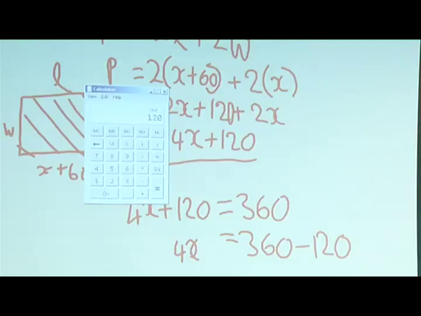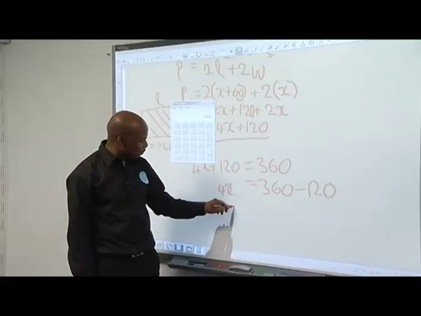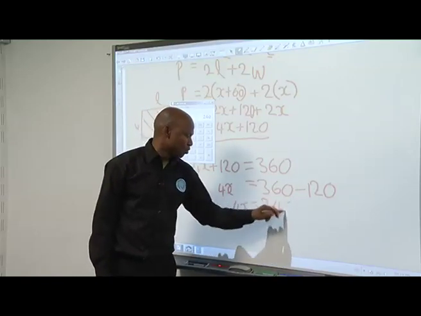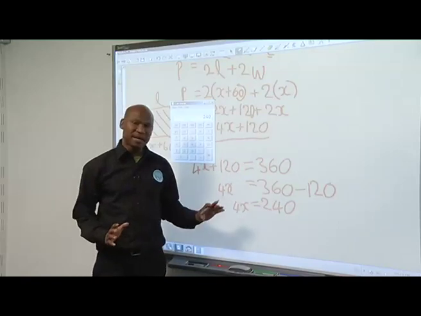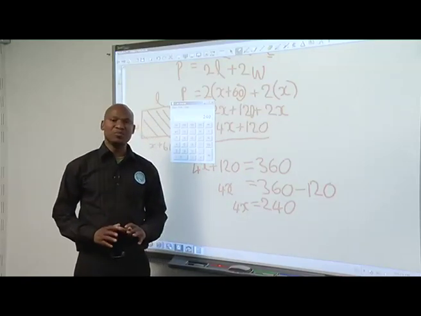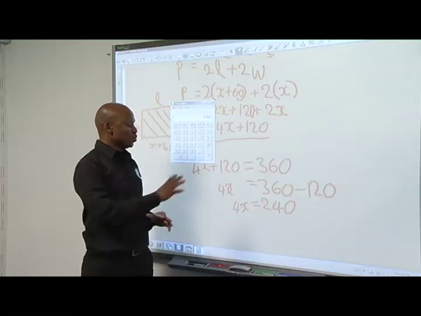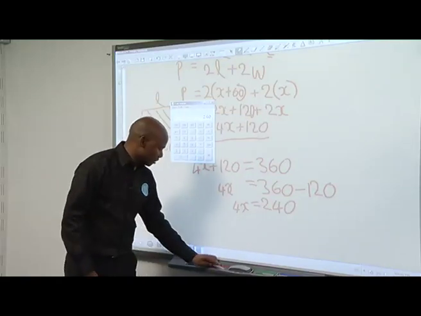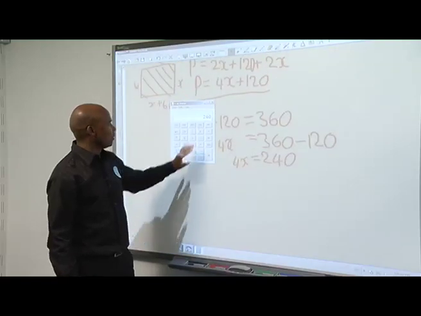We are getting 240. That is 4x is equal to 240. Now, we are trying as much as we can to find the value of x. That is to reduce this equation so that we end up solving it.